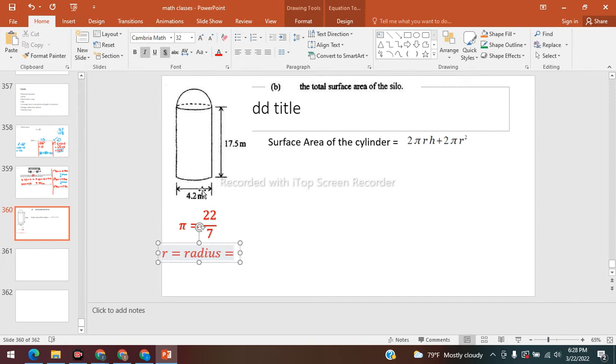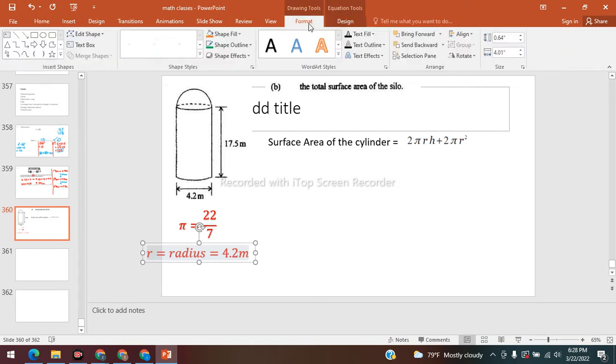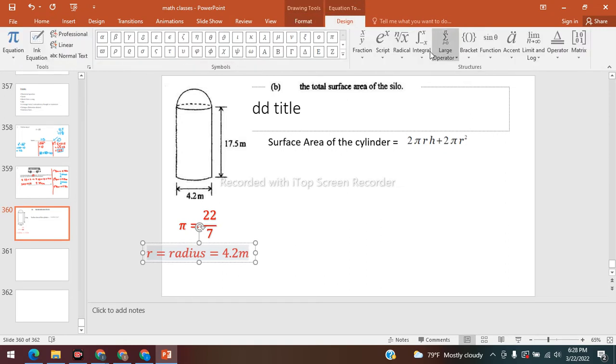So the diameter here is 4.2, right? The diameter of the circle is 4.2. That's the length of the circle from end to end. So the diameter is 4.2, but the radius is always half the diameter. So it's going to be 4.2 meters divided by what? 2, as we saw yesterday, right?